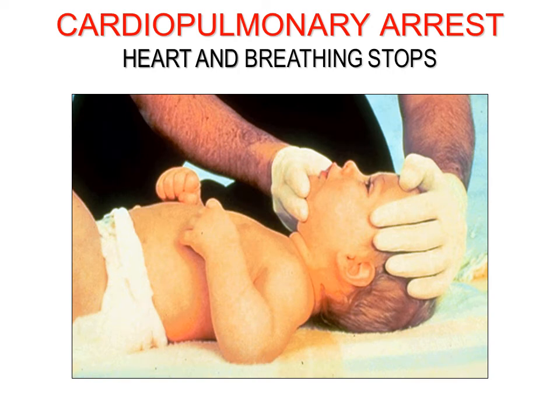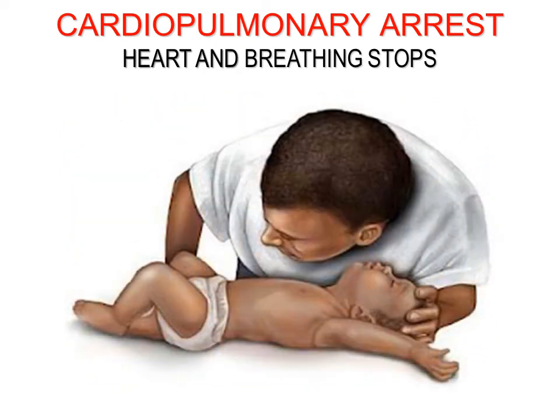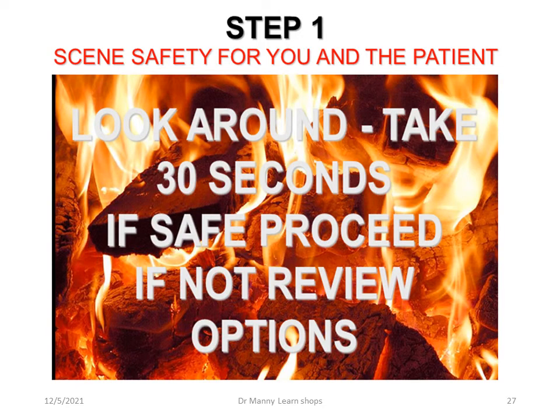When we look at cardiopulmonary arrest, we're looking at the heart and breathing stopping. Step 1. Scene safety is for you, the rescuer, and for the victim, the patient. Look around before you approach.